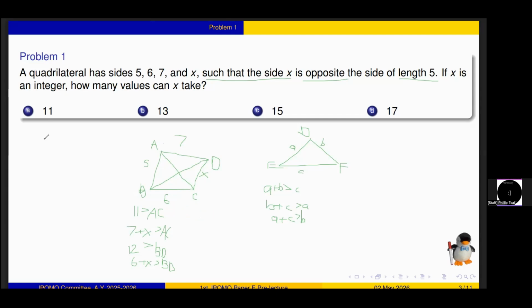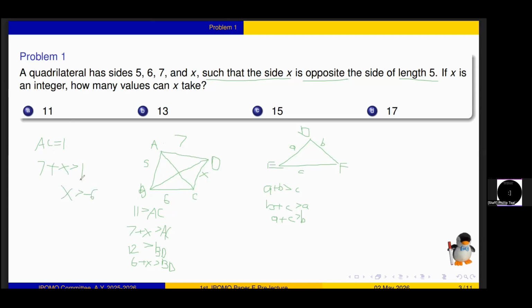So let's look at AC equals one. We don't want to do 11 cases, I'm just going to try to show how we can approach this more systematically. If AC is equal to one, then 7 plus x is greater than one, so x is greater than -6.